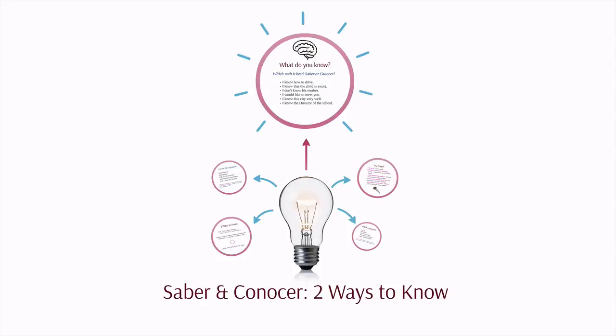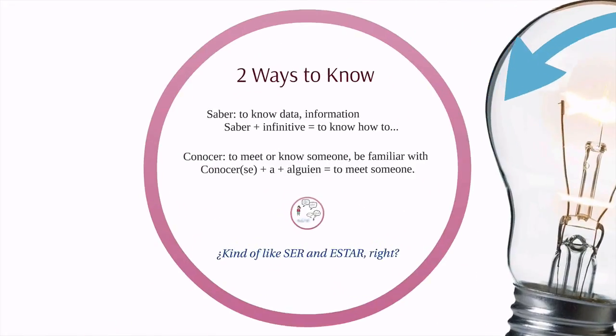But in Spanish, we have to divvy this up into 2 different verbs, saber and conocer. Saber is an irregular verb, so we're going to have to pay special attention, especially with the yo form, which is where irregularity usually lives. Conocer is not irregular, but it has a kind of cranky yo as well. So let's take a look at this important concept and see if we can learn it.